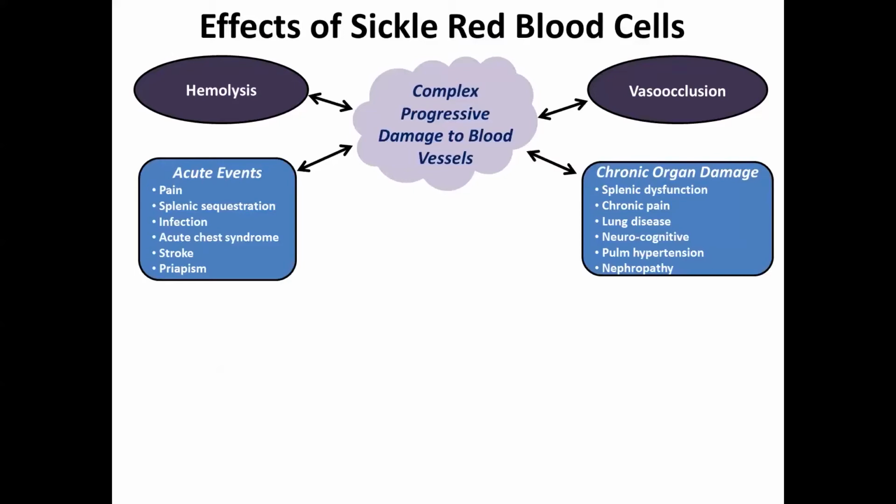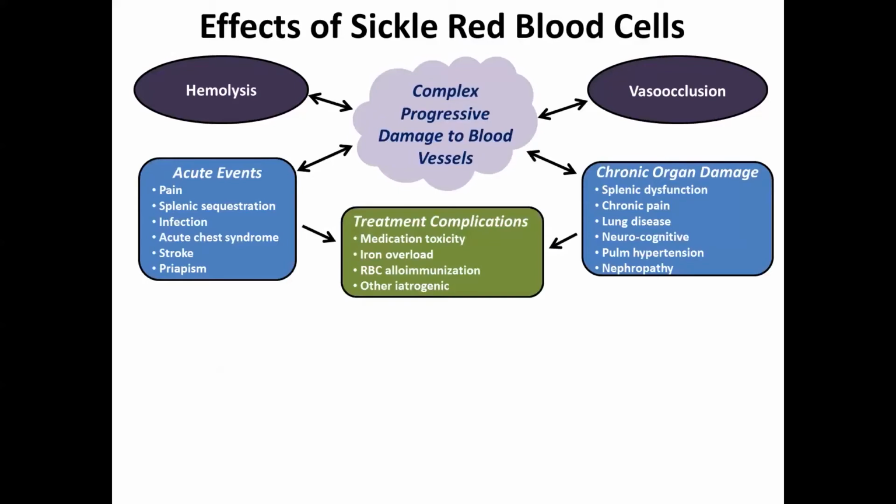Of course, the other problem that everyone is aware of is that when these complications happen, often treatment is required, and then things get complicated by the complications of the treatment that is needed to address the complications that have occurred. And that can be the toxicity or side effects of whatever medication might be used. If transfusions are needed as a treatment, iron overload is a problem.